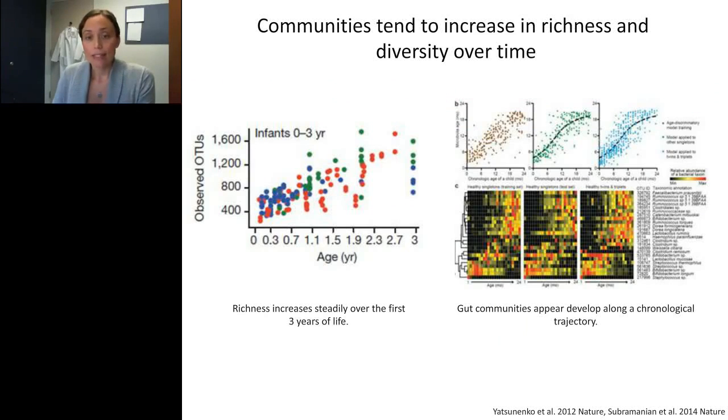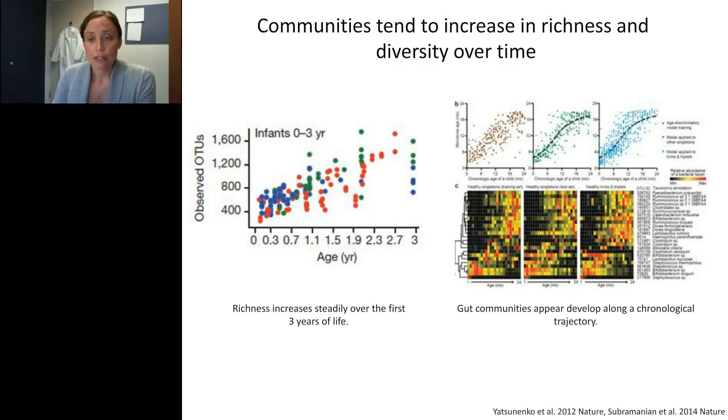We find that increasing richness is a steady feature over the first several years of life. This is data published by Tanya Yatsunenko in 2012. And others have found that this may actually serve as an index for maturation.